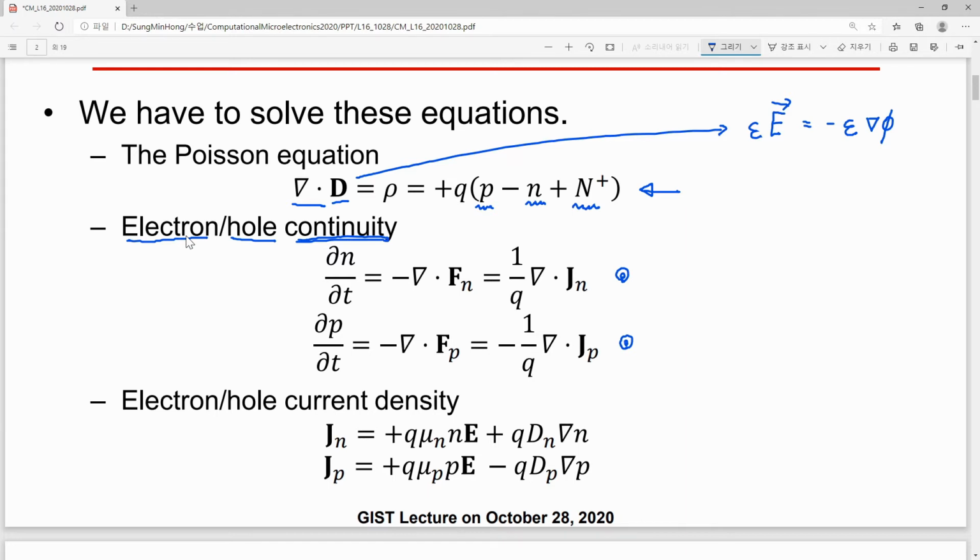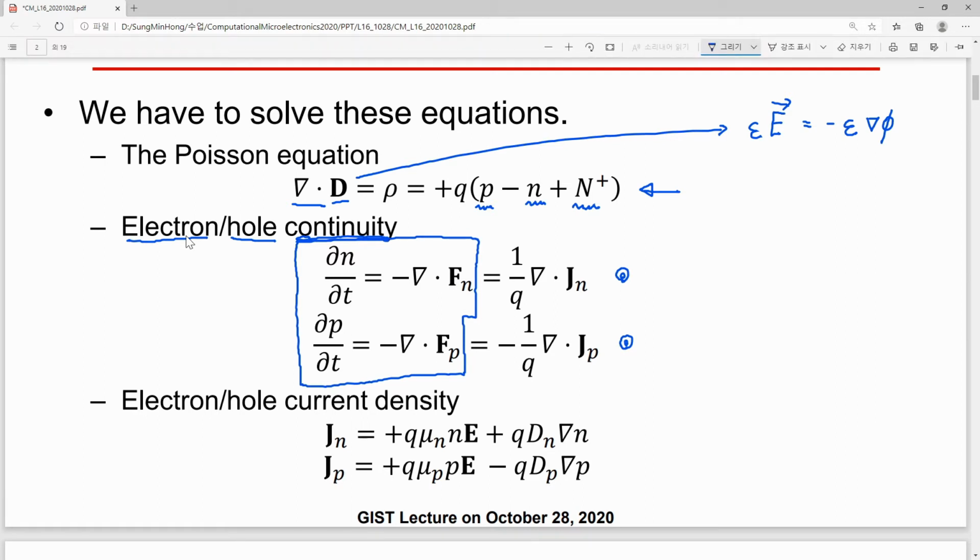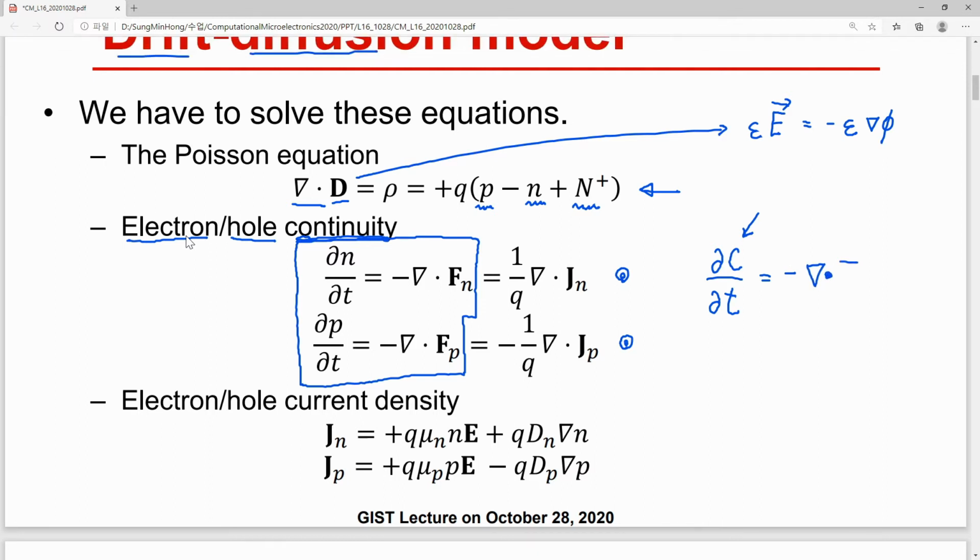As you can see here, in terms of electron flux or hole flux, both continuity equations share the form: the time derivative of a certain carrier, electron or hole, can be written as minus the divergence of the carrier flux. However, depending on the polarity of this carrier, we can have different expressions.